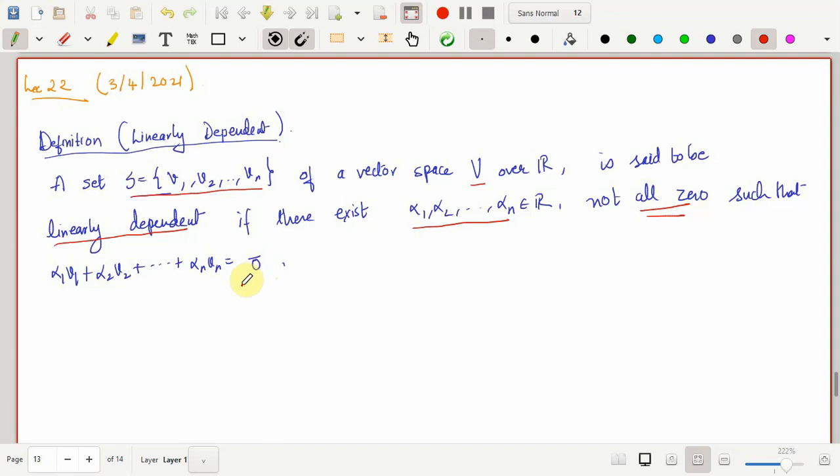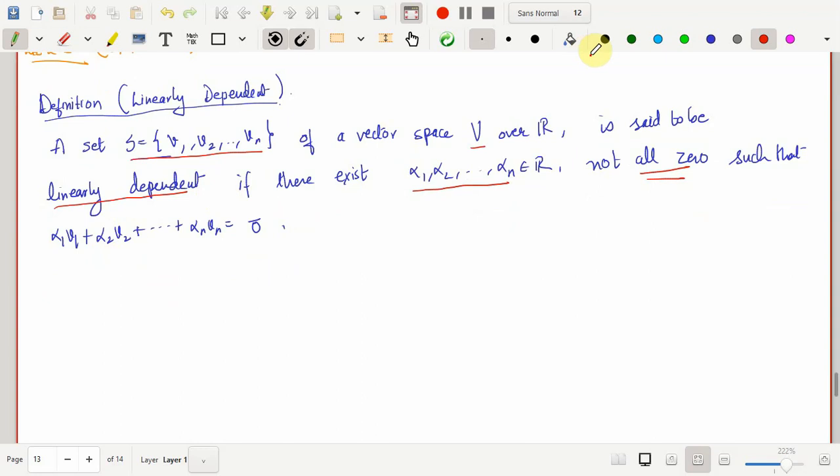As I mentioned, this zero vector is a vector from the vector space V, so it depends on what the vectors of this set V are. Now it's called linearly dependent for a reason.